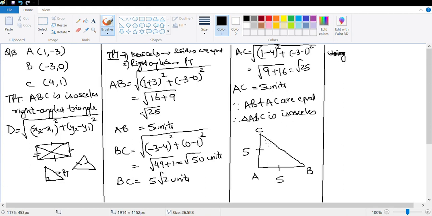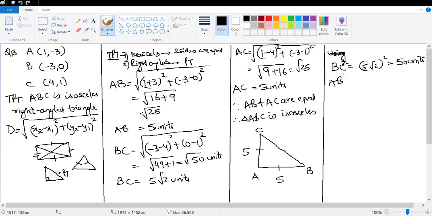We can't directly use Pythagoras theorem because we don't know if it is valid. So let's try the converse, which means let's try and prove that BC square is equal to AC square plus AB square. BC square will be equal to 5 root 2 whole square, which is equal to 50.